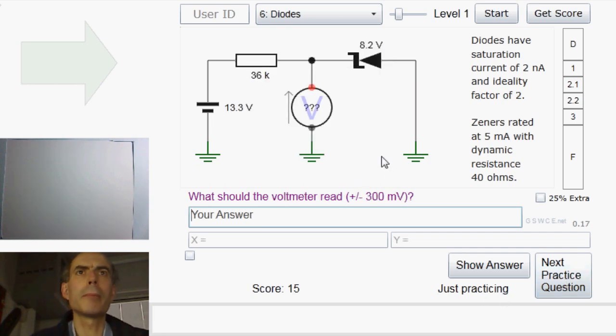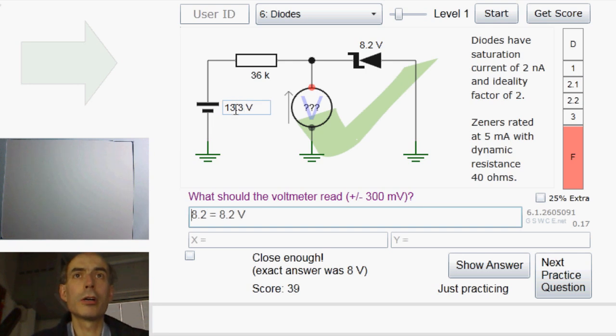Ah, there we are. Here's a Zener diode which is reverse biased. Its cathode here is at a higher voltage than its anode here. And since it's an 8.2 volt Zener, we can assume that this voltage here will be about 8.2 volts. So I could just write down 8.2.